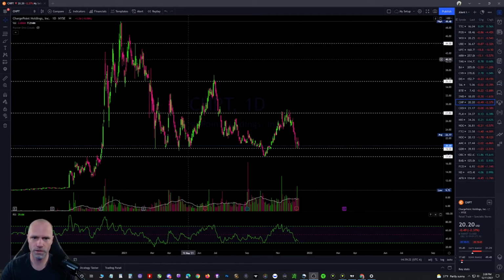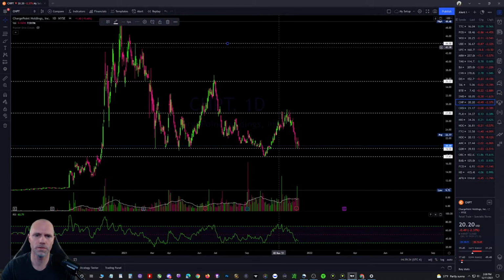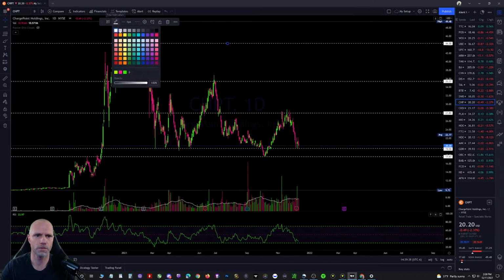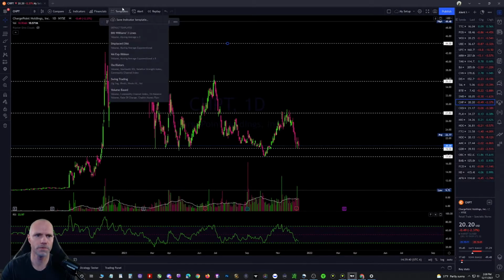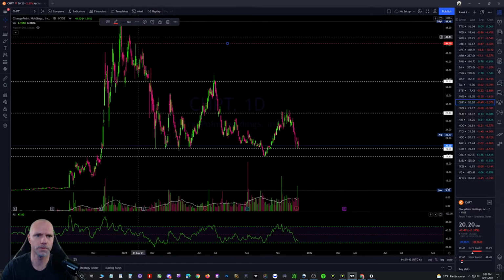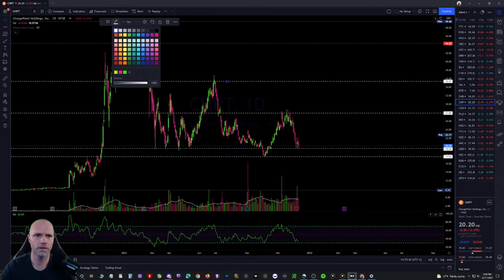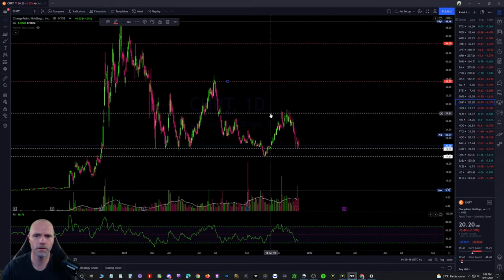What we're going to do is change the color of the resistance lines to red and we'll change the color of the support lines to green, and then we can label them as such. So we'll click on the actual resistance line that we drew, click on our color wheel here, and we'll change this to red. All right, we'll do the same here. Just left click on your line, color, red.